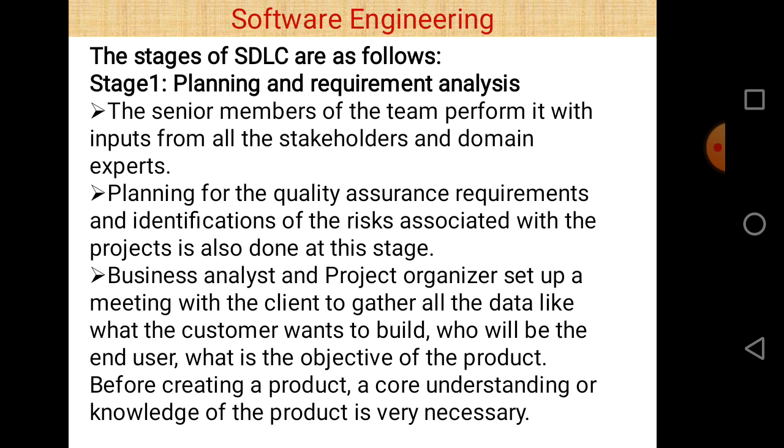And third one is operational feasibility. If some type of operations cannot be maintained or cannot be a part of a software, then we can say that the software is not operationally feasible. So this is all about planning and requirement analysis.